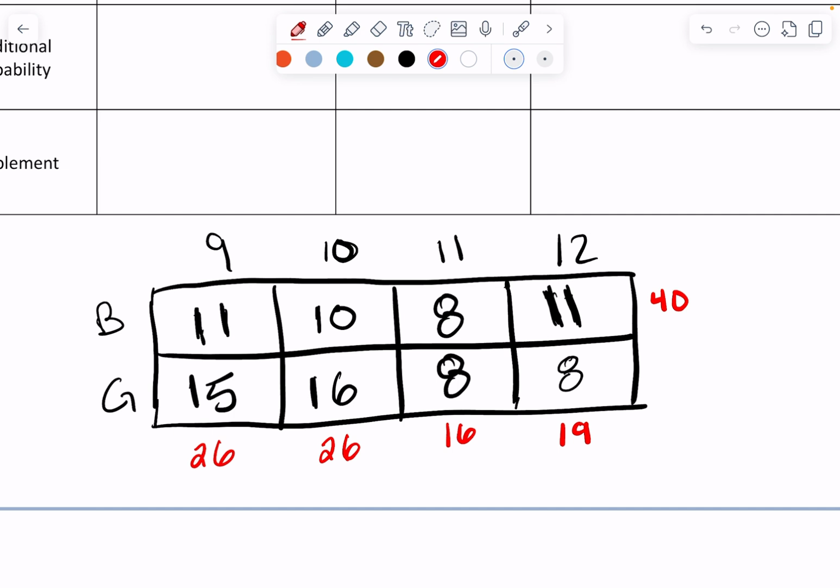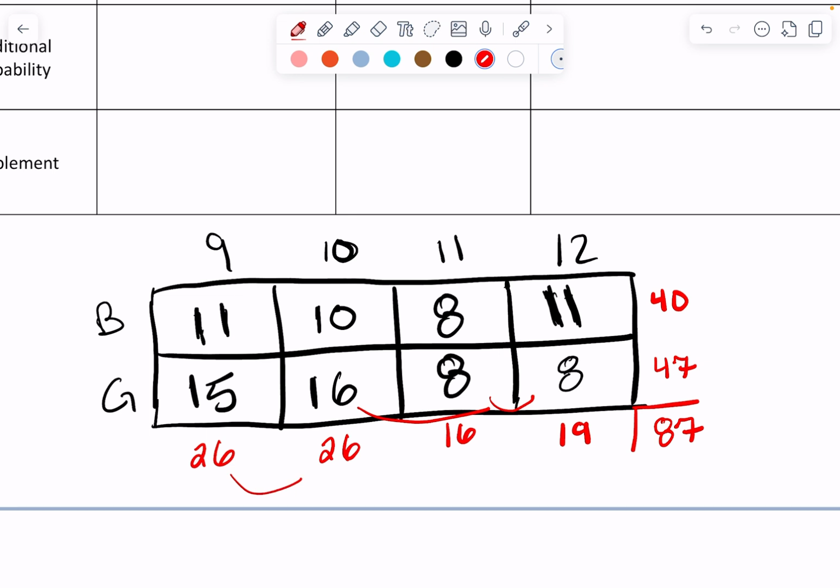And total girls, this is 16, that's 32, 32 plus 15 is 47. And then that total is 87. Again, I made these numbers up, so don't take this as fact. This is 52, I'm checking my answer. This is 35, 52 and 35 is 87. Yep, okay, my total's right.